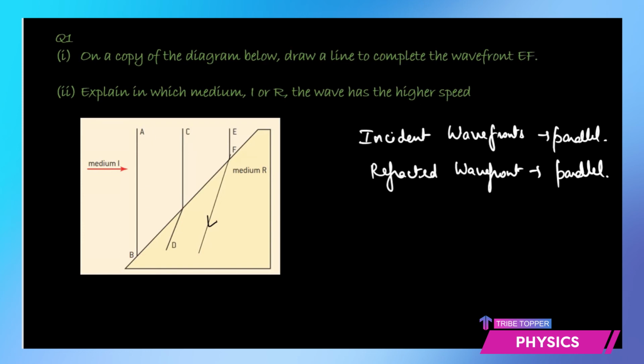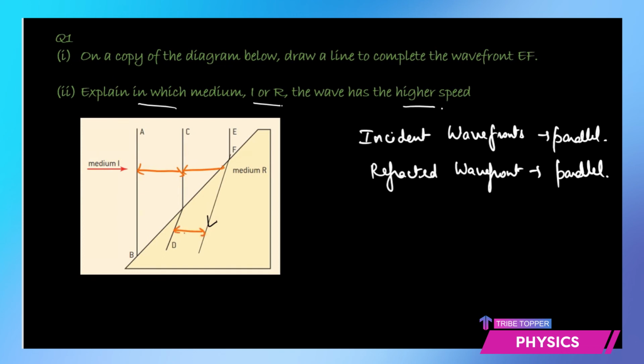Now they're asking you to explain in which medium, I or R, the wave has the higher speed. For that we have an obvious answer, because the incident parallel wavefronts were wide apart. The distance between them was large, but now they are driven closer.